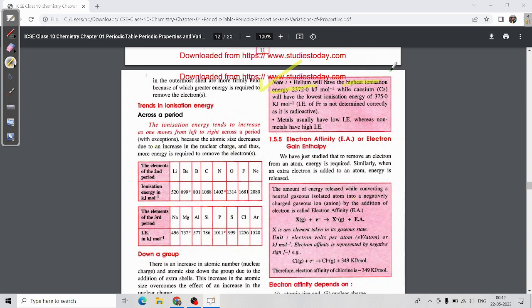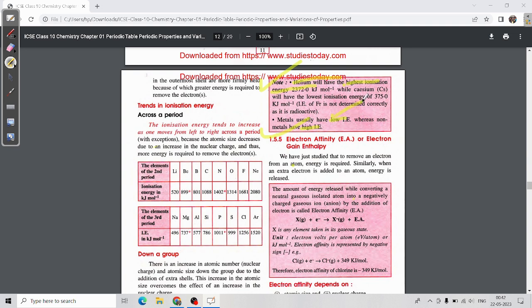You don't have to remember the value, but you have to remember that helium will have the highest ionization energy, and metals have low ionization energy, and non-metals will have high ionization energy. It is because, as I told you, as we move from top to bottom the ionization energy will decrease, and as we move across the period, the ionization energy will increase.